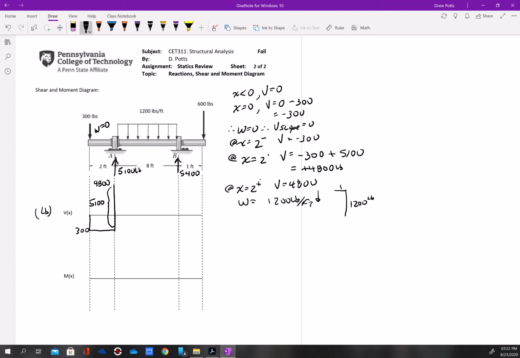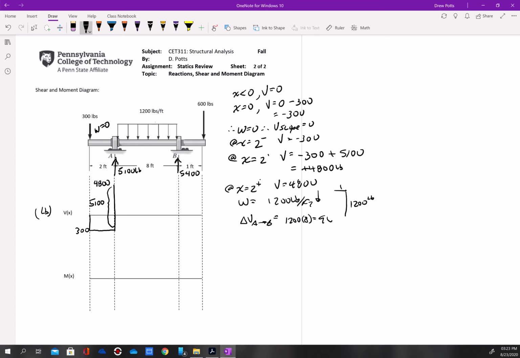Okay, so we know the total change, right? The total change in shear from A to B is going to equal the area under the loading, which is 1,200 pounds per foot, times 8, which we've seen already, is 9,600.